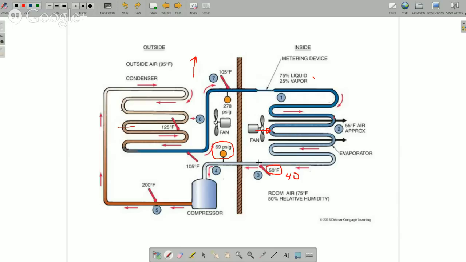So the temperature at this point and at this point are the same. So with an overcharged system, you have low to no subcooling, and you have very high superheat in a fixed metering device system.